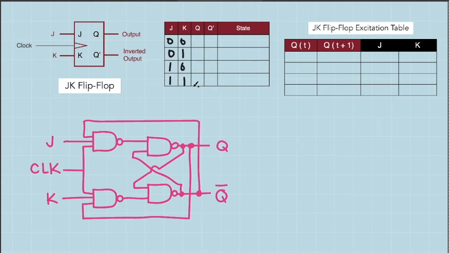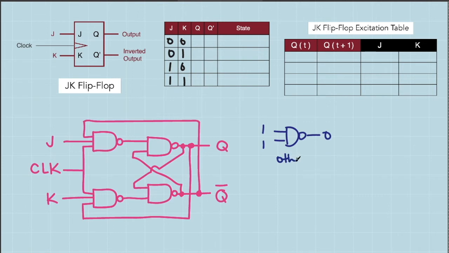In order to explore the behavior of a JK flip-flop, we will be using this one example of JK flip-flop where it is constructed using a bunch of NAND gates. Here we have 3 input NAND gates and 2 input NAND gates. So just to guide us, if you have a 2 input NAND gate, if both of its inputs are in logic 1, then this is the only time that this will result to an output of 0.